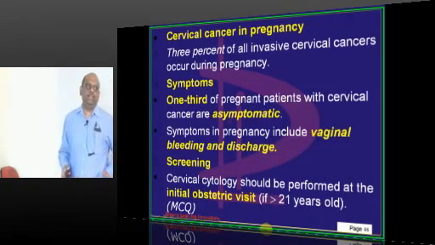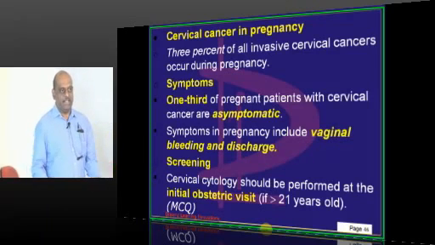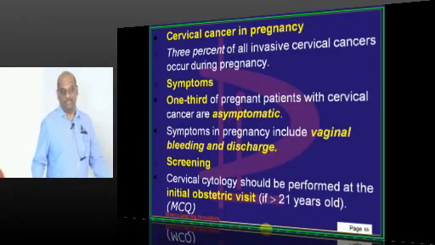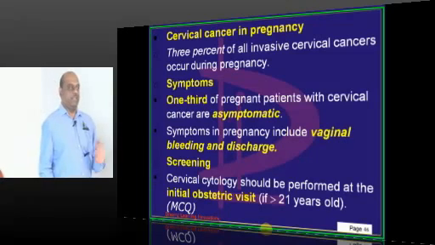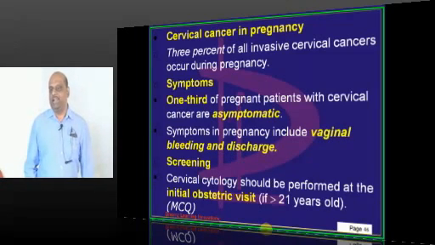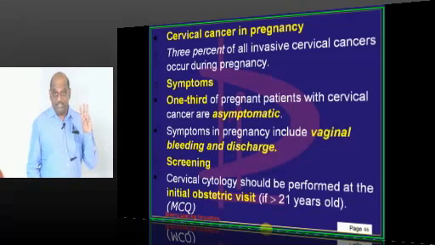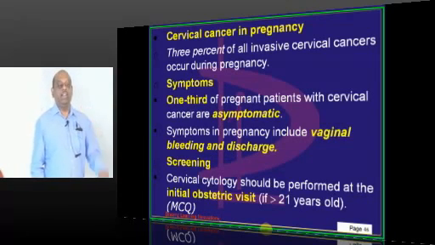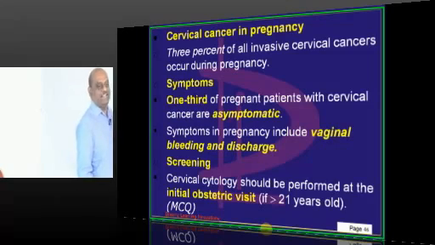Now, tomorrow when you are practicing as a gynecologist, obstetrician, what percentage of pregnant women will you find discovered to have cervical cancer? 3%. What is the average number of deliveries an MD does? Forget about DGO, MD will be doing, doctor.